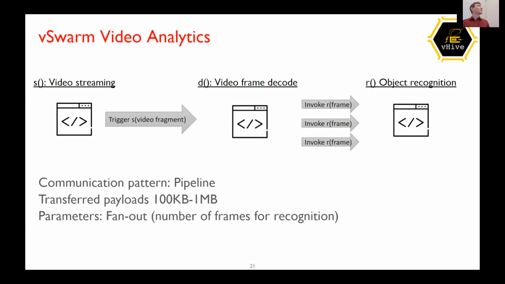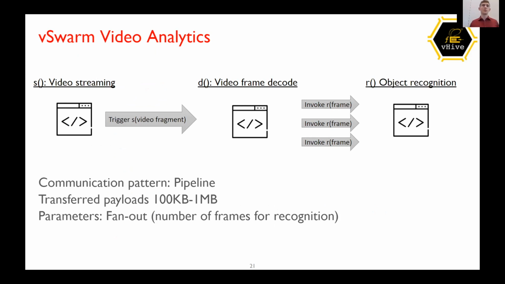So what is the thing that we want to trace? I'll go back and use video streaming, which is already integrated in vSwarm. It has 3 steps. First, it accepts the video, streams it to a decoder function, and then does object recognition on single frames. The number of frames is configurable, so we can have a single frame or a multitude of frames.